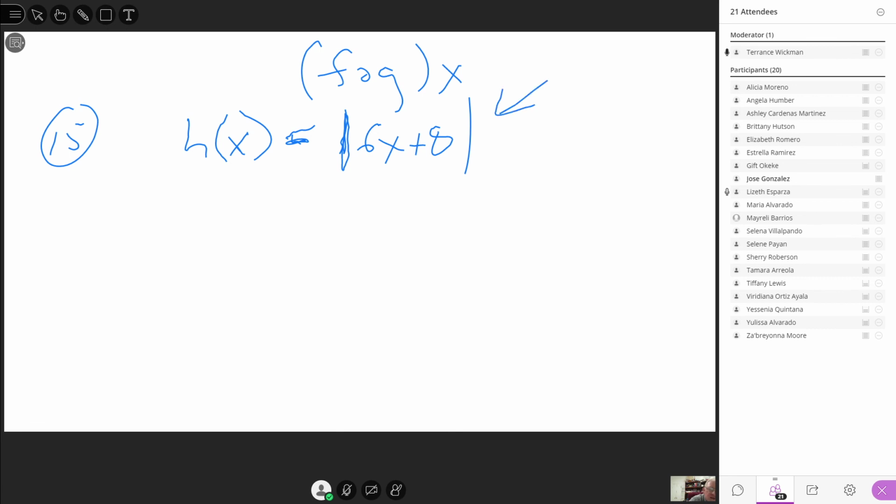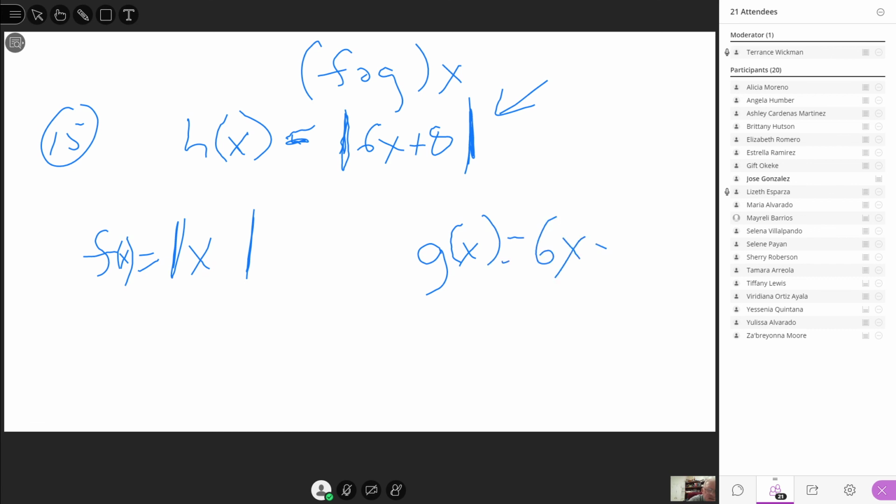The f function is equal to the absolute value, and there's an x in it because we don't know what it is. The g function of x is equal to 6x plus 8.